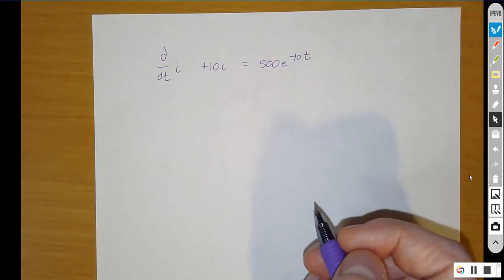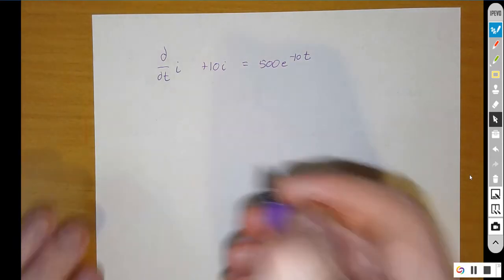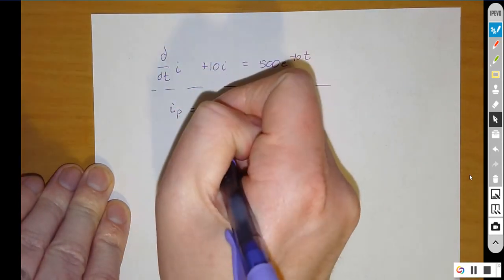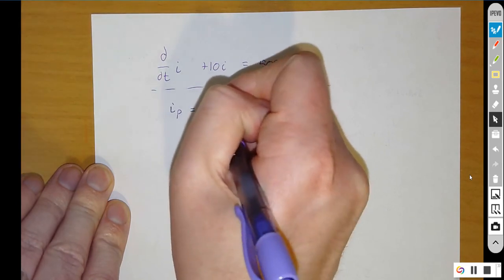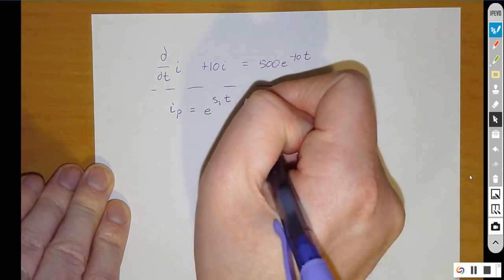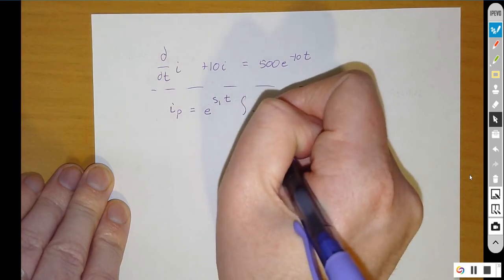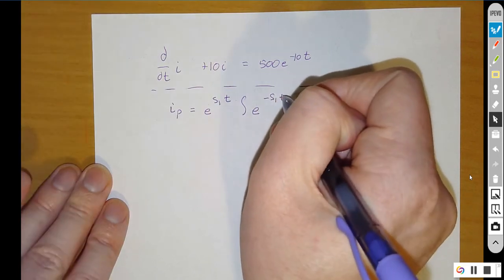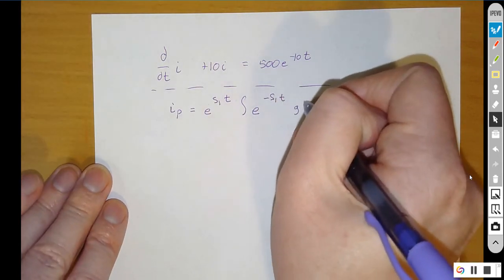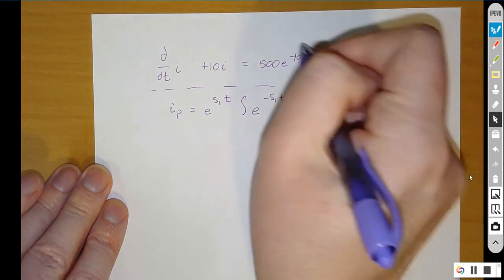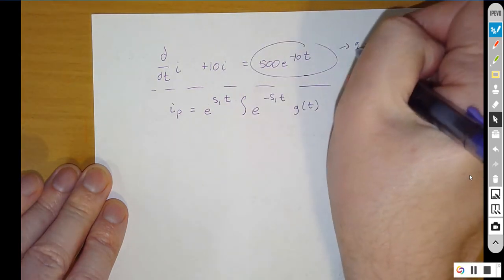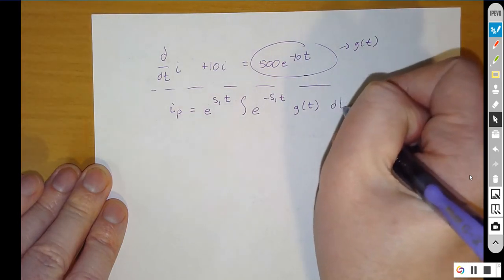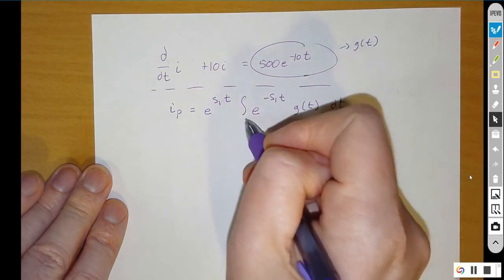How the integration works is the generic form: we write I particular is equal to e to the S1 t, integral of e to the negative S1 t, g of t. If you remember, g of t is the right-hand side. So this is g of t, dt, and we just go from 0 to t on our bounds.